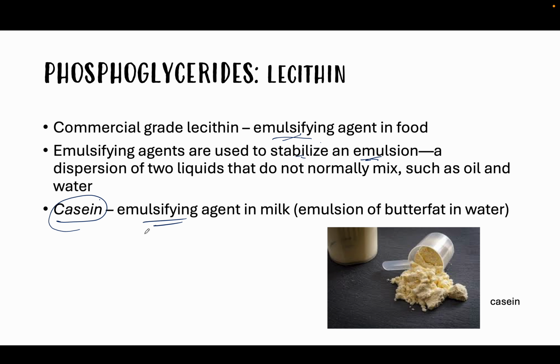For example, milk has different components aside from water: carbohydrates, lipid, protein, vitamins, minerals. It is a challenge to homogenize or stabilize, so we need an emulsifying agent. So we have casein. Their main goal is to homogenize or stabilize the mixture. Milk is an emulsion of butter fat in water. You may not always see it, but with fresh milk from a cow, over time there will be separation of water and the butter fat component.